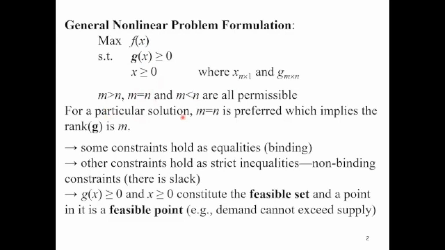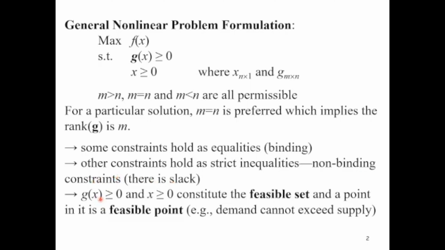For a particular solution, as we've said on a number of occasions, m must equal n, which is preferred. It doesn't necessarily have to be the case, and that implies that the rank of G would be m. Some constraints hold as equalities and they're binding. Other constraints hold as strict inequalities, so they're non-binding constraints and there could be a slack.